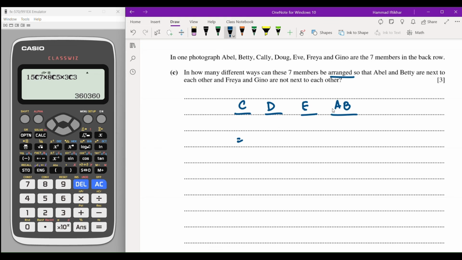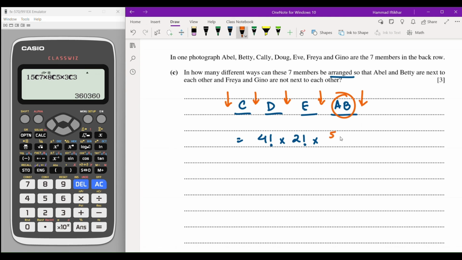We have 4 units, times by 2, since we have two different people over here, so their internal permutation can change also. And now we need to place Freya and Gino such that they are not next to each other. So how many choices of places do we have? 1, 2, 3, 4, and 5. So we have 5 possible places, and we need to arrange 2 of them.